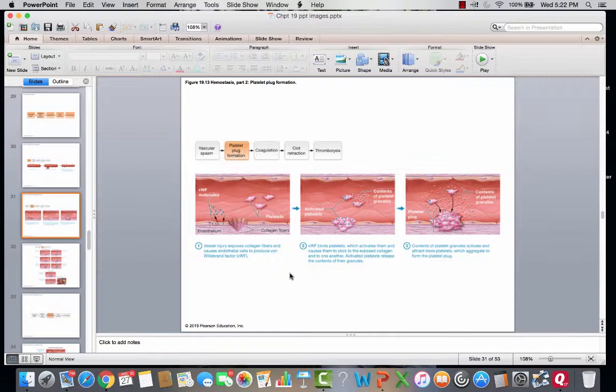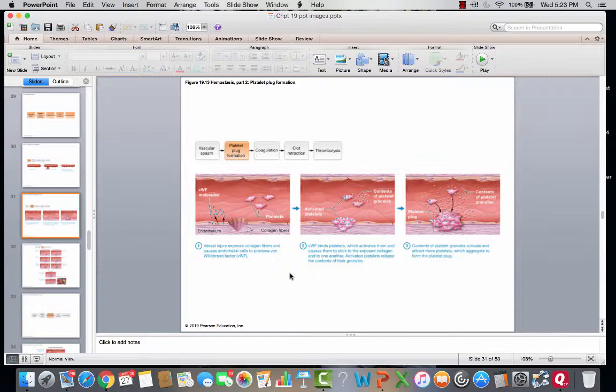When the vessel injury is exposed, collagen fibers cause those endothelial cells to produce a chemical called von Willebrand's factor. That is going to help bind the platelets. That's the chemical message that's going to draw platelets to the injured area, help activate them, and cause them to stick together.